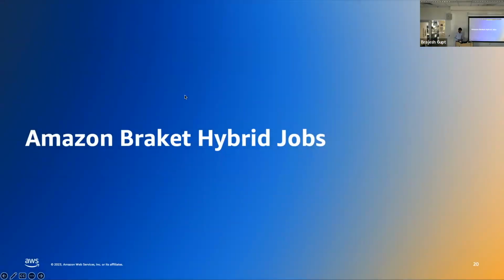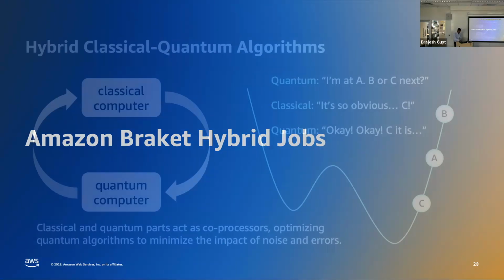Good. So what we did was submit a quantum circuit directly to a quantum computer. We got results and we were very happy. But as I mentioned, in practice today, what one does is run a hybrid algorithm where part of the program runs on classical computers and the other part is run on quantum computers. So let's talk about that and see how we can provision that on Amazon Braket.